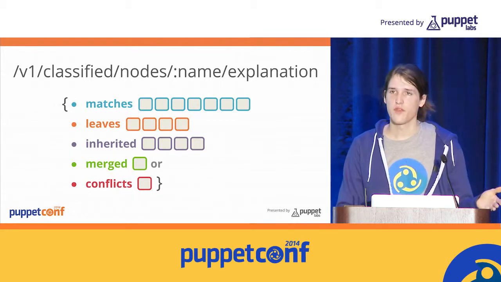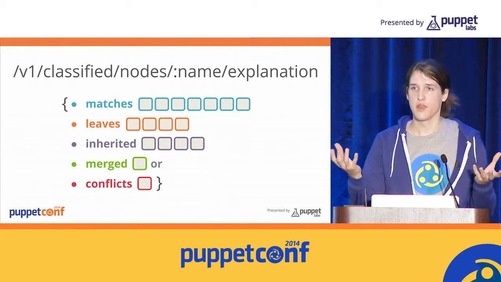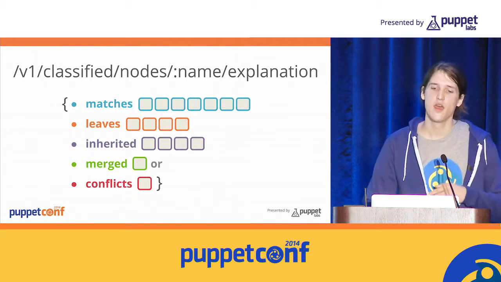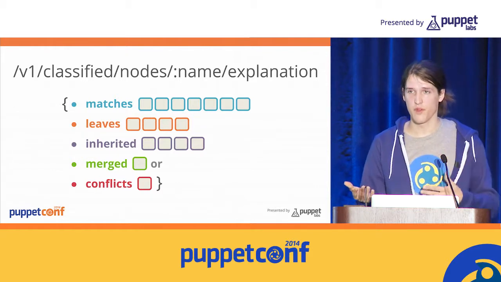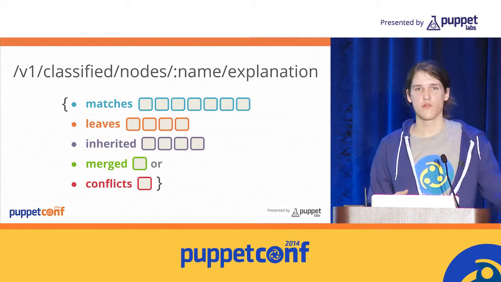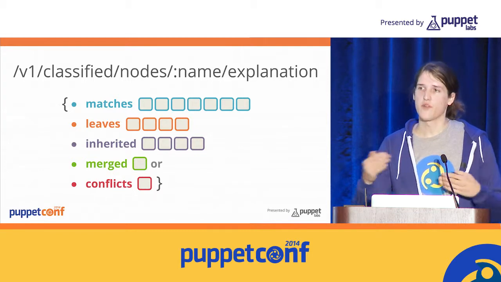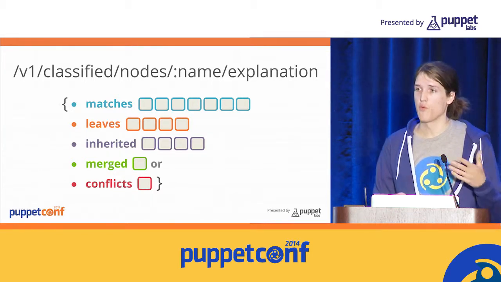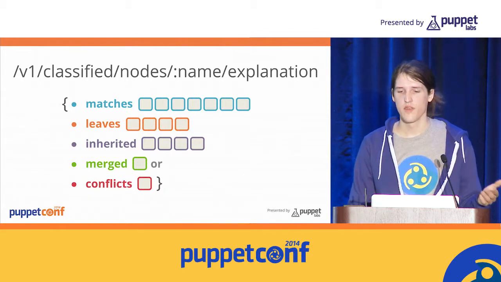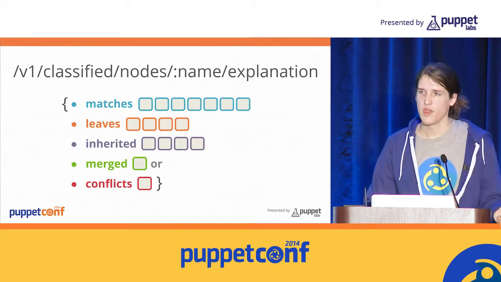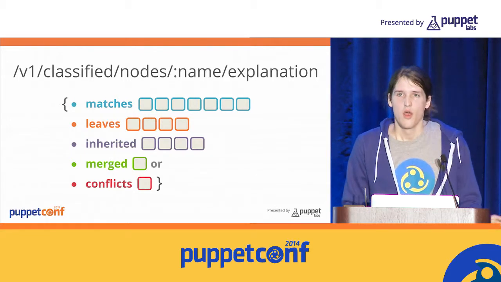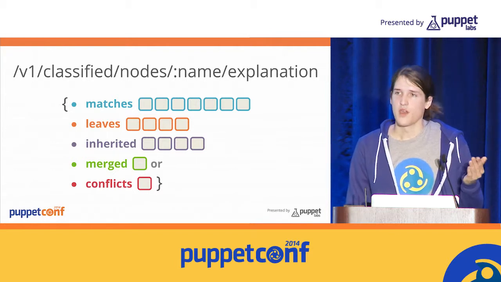And then the leaves is going to be the leaves of that matching tree subset, where the matching stops. And then the inherited field is going to show you what each of those leaves look like after we've added the inherited values. And then finally, you're going to get one of these two other keys. That's either the merged one, if there were no conflicts and the composition process was successful. If there are conflicts, then you'll get a value in the conflicts key.